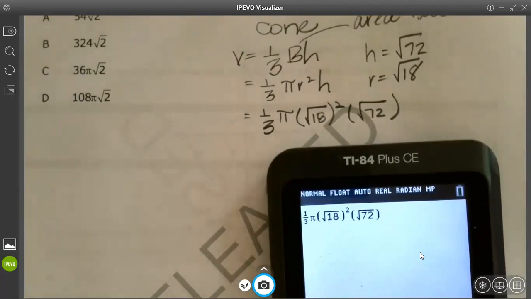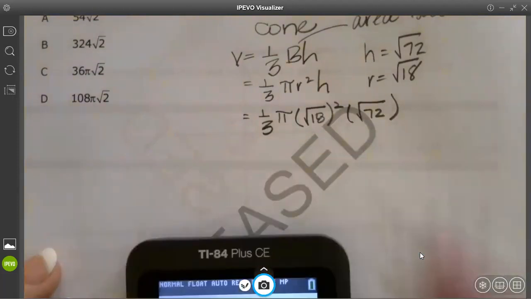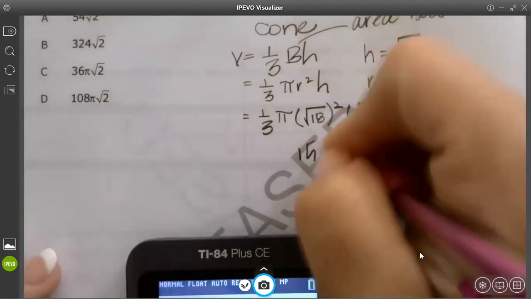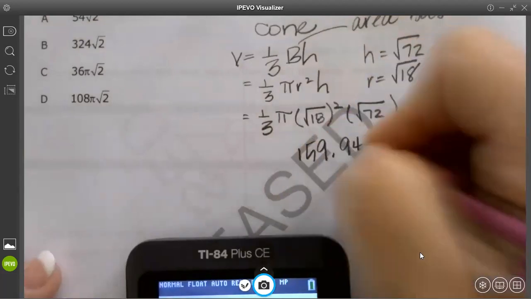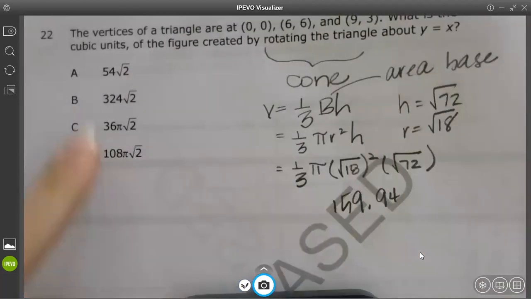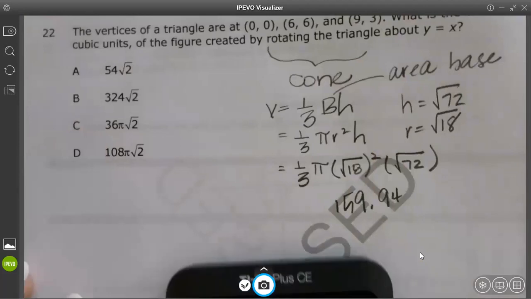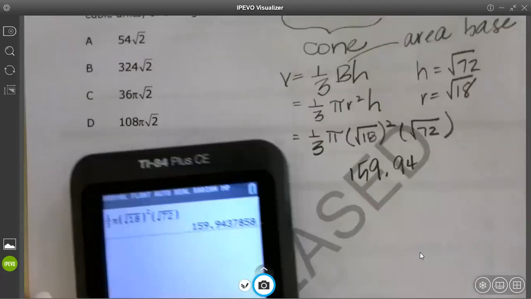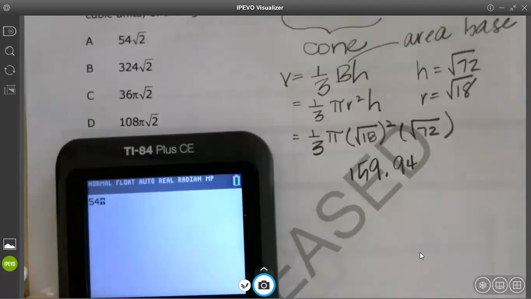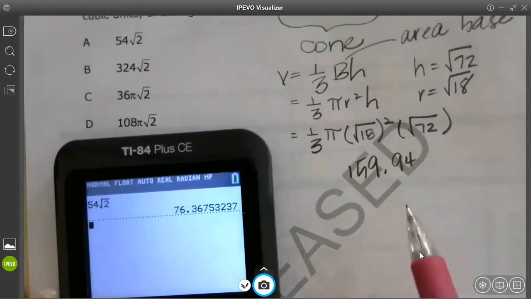I get 159.94. Those aren't in decimals, but I can plug them into my calculator and get those decimals. So if you look at your answers, 54 square root 2, did I get that number? No.